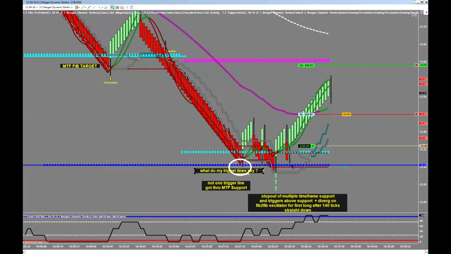Right, and even a more conservative trade, coming out of this area the second time, small triggers getting above my support, everything rolled up. See if we can make it to resistance here.